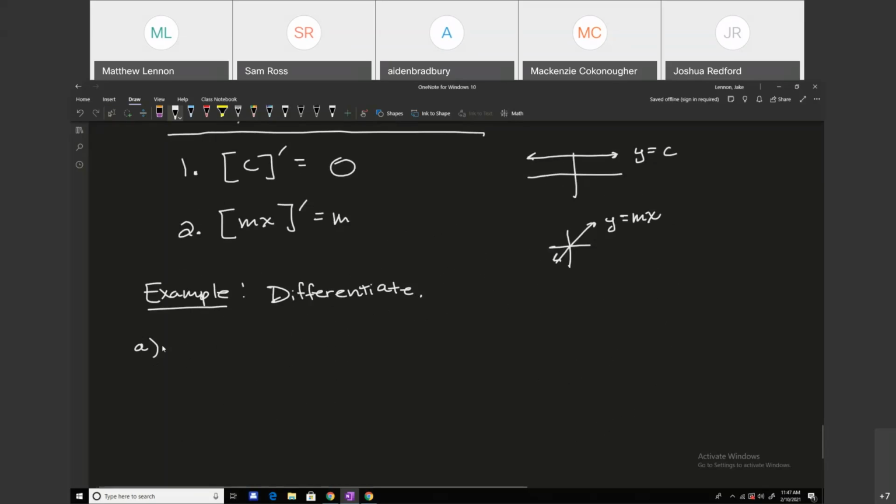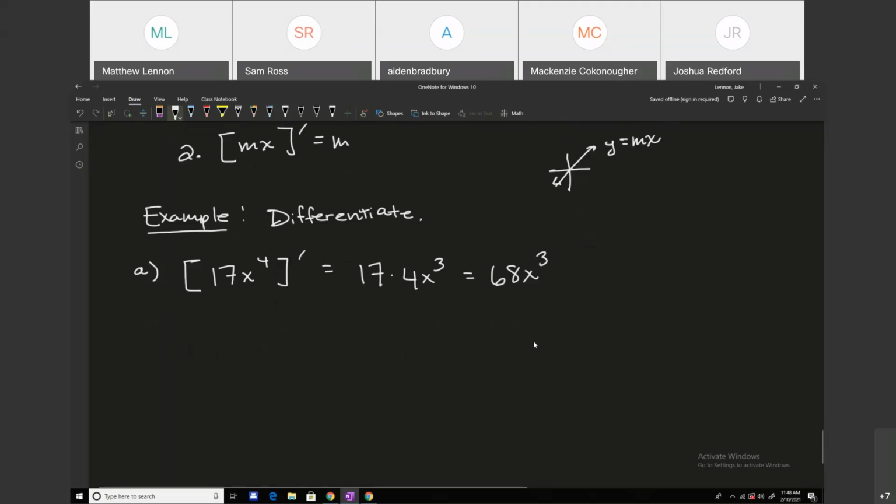So A, let's say we have 17x to the 4th. Again, we would just leave the 17 on its own and then take the derivative of x to the 4th, which is 4x to the 3rd, and then you could multiply your regular numbers there. So what did we get? 68x cubed.